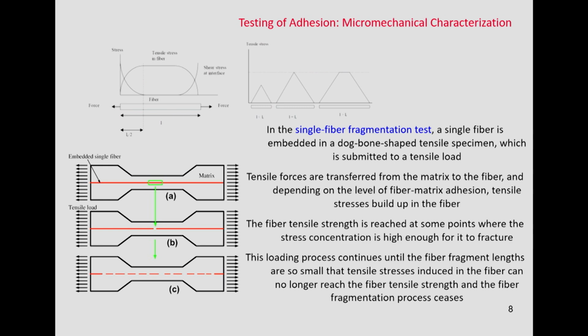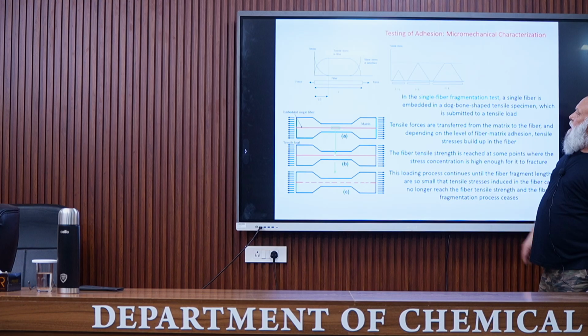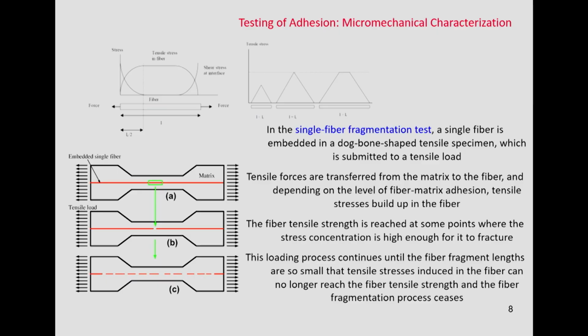On the contrary, by increasing the length, we can reach the stress at break of the fiber, and then we can benefit from its mechanical properties. So it's necessary for the fiber to have a length higher than this critical length.